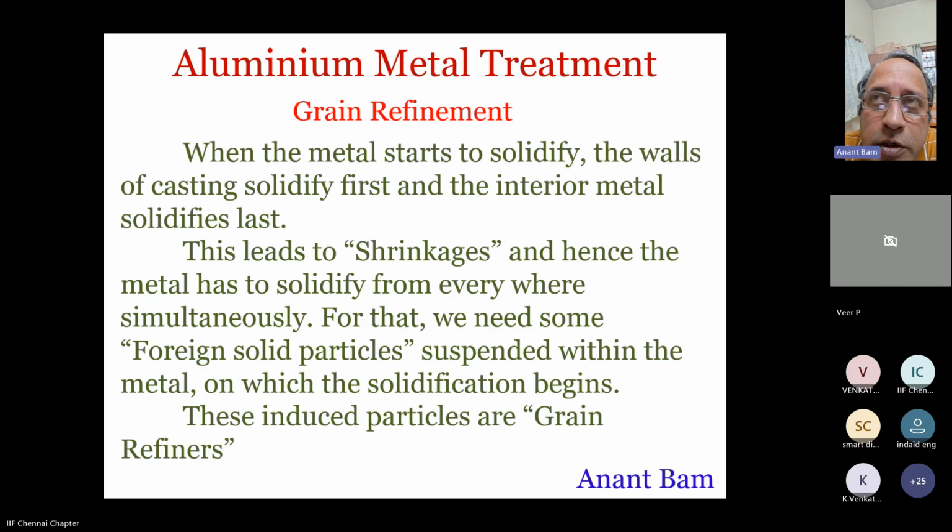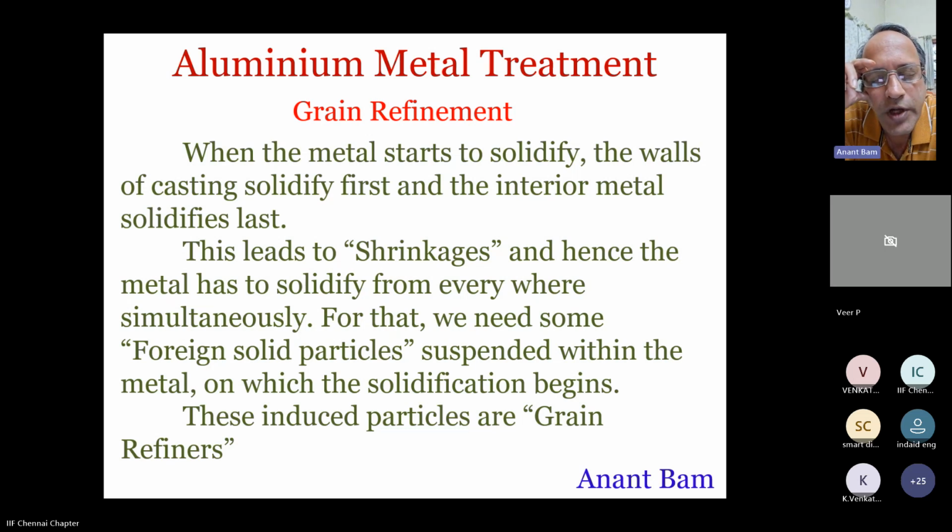If we want to reduce effect of this shrinkage, what is necessary? That instead of solidification being initiated at only 6 walls of the mold, can we initiate solidification all over from within also? The answer is yes. There are artificial solidification sites or foreign solid particles which we can make suspended in the liquid aluminium.